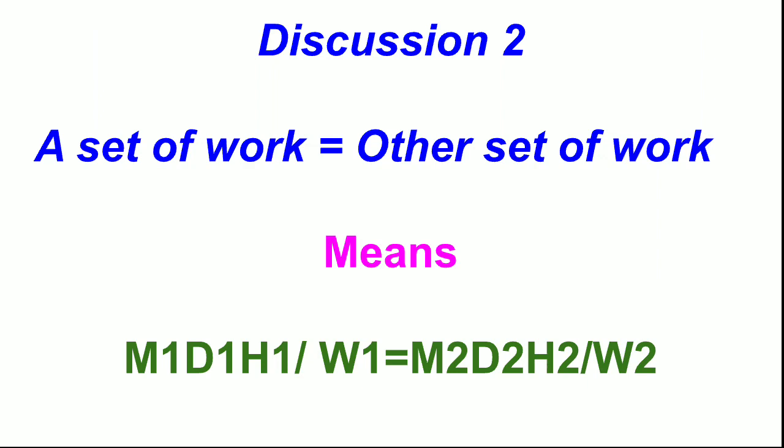It shows a set of work is equal to other set of work, means M1 D1 H1 divided by W1 equal to M2 D2 H2 divided by W2.